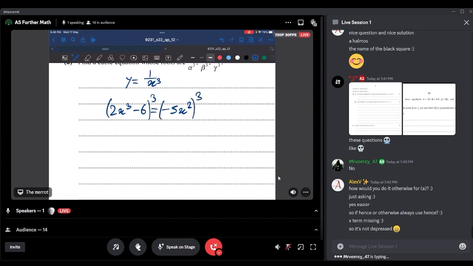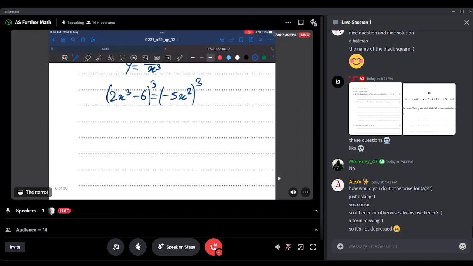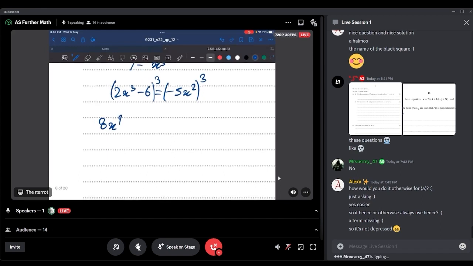Like this. And good luck calculating this. I already calculated it, well, not really in my head, but I know how to expand it. So we have 2x cubed, squared, minus 6.